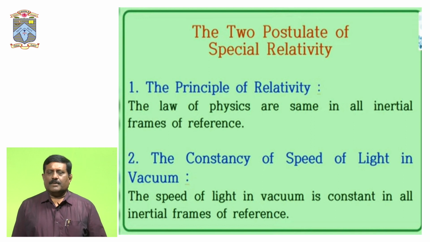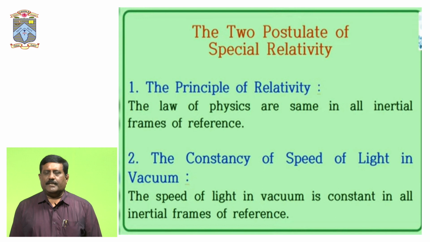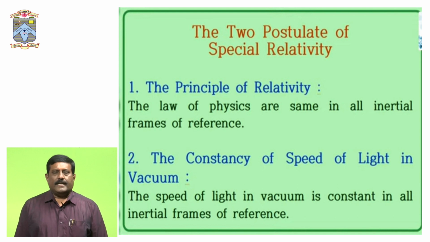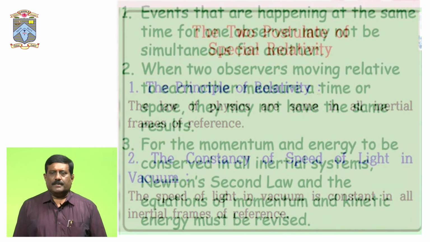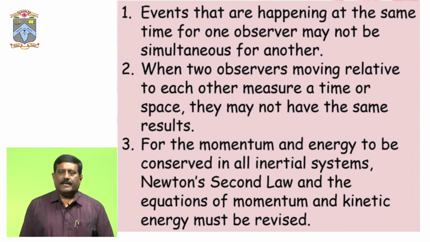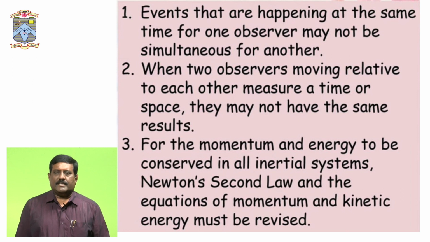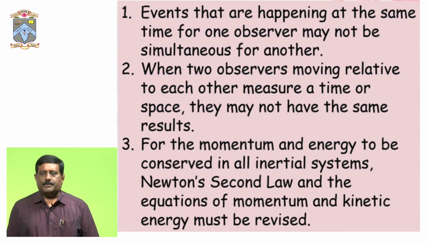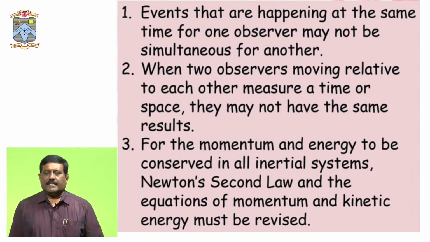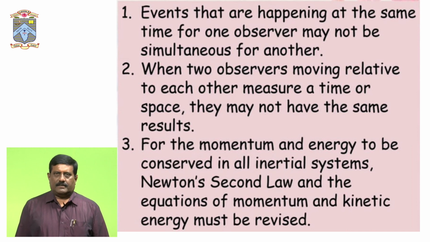The two postulates of the theory of relativity led to many important concepts. Events happening at the same time for one observer may not be simultaneous for another. When two observers move relative to each other and measure time or space, they may not get the same results.